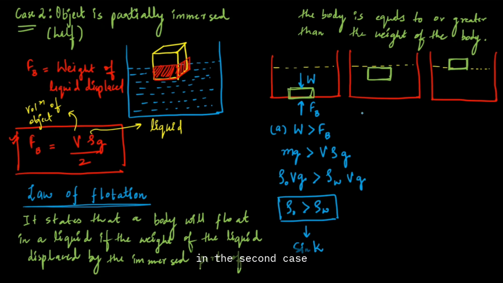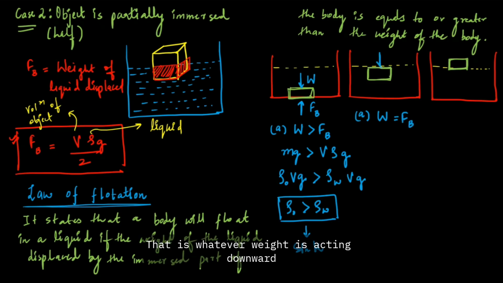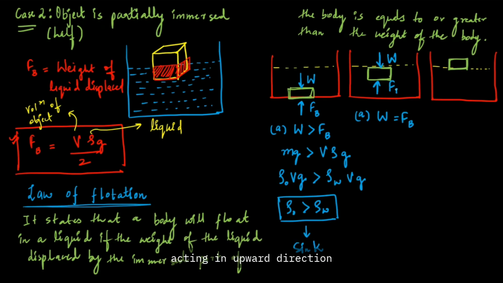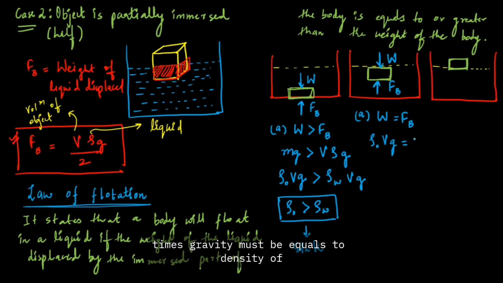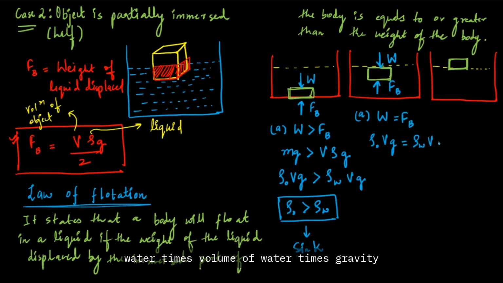Similarly, in the second case, we observe weight is equal to Fb. That is, whatever weight is acting downward is equally balanced by the buoyant force acting in upward direction. So density of the object times volume of the object times gravity must be equal to density of water times volume times gravity.